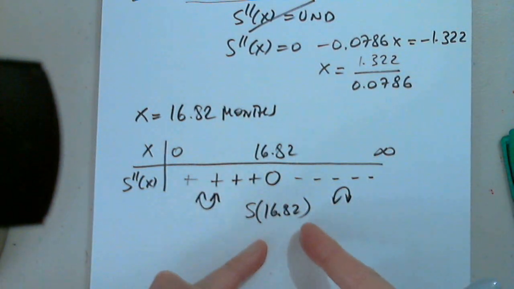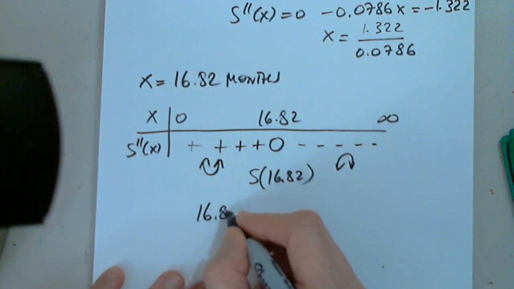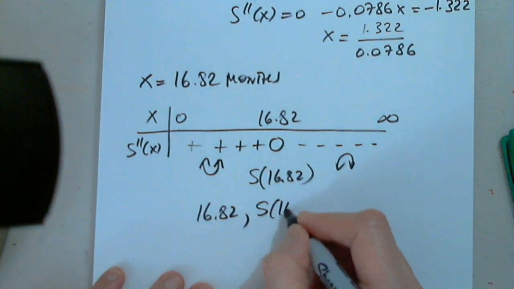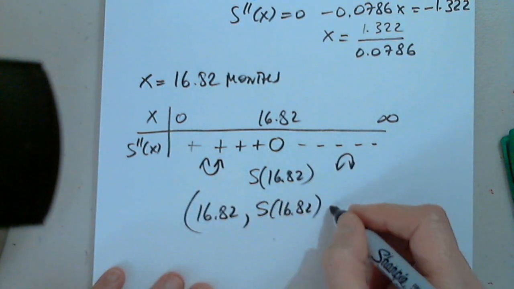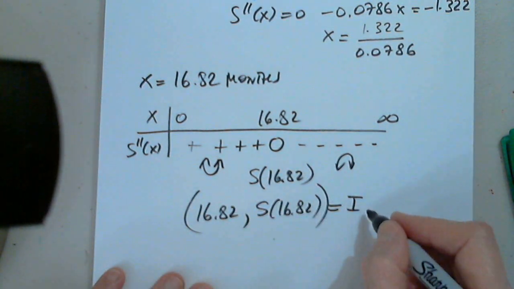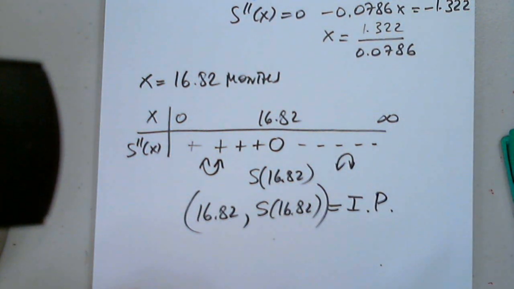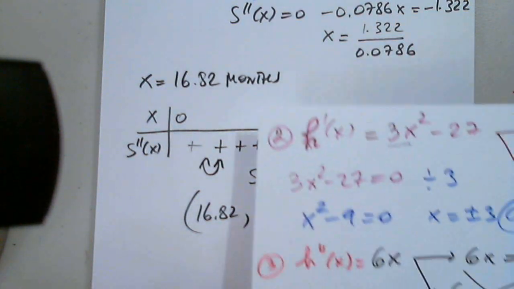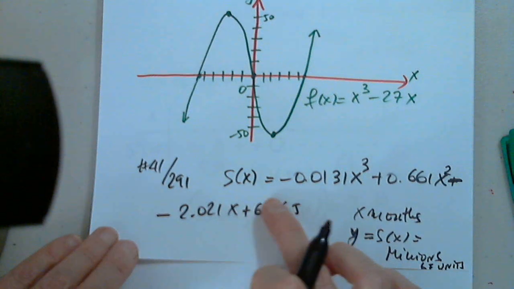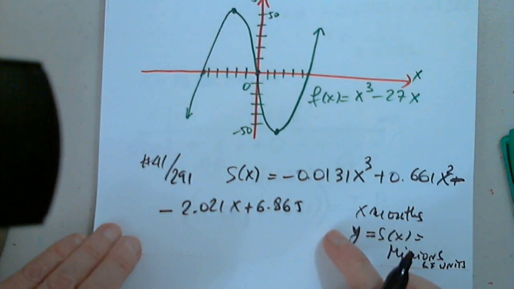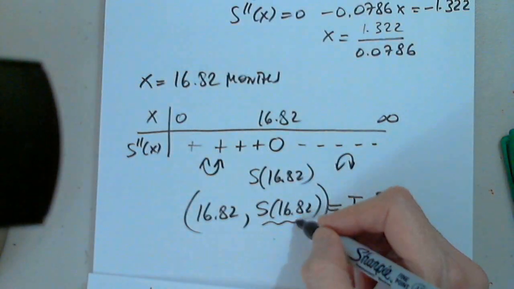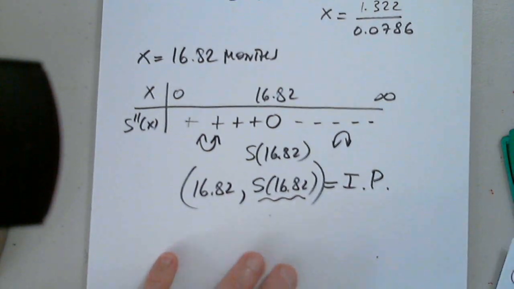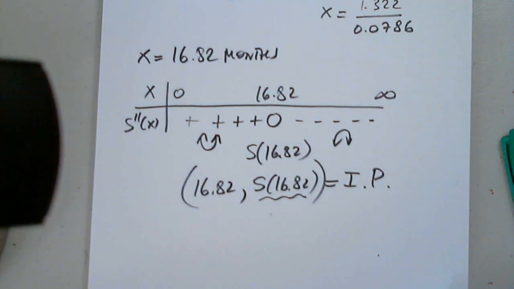That's why 16.82 comma S of 16.82 will be an inflection point for sure. In order to find this, I have to plug it into the function and find this number, but definitely this is the inflection point.